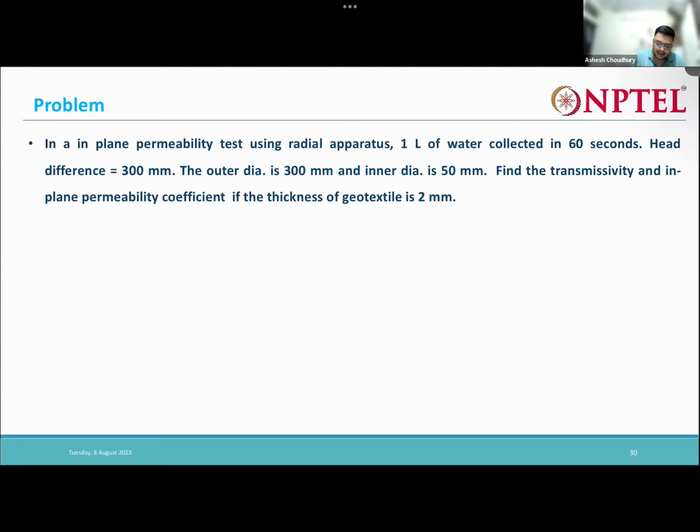So the outer diameter is how much? 300 mm. The inner diameter is 50. Okay. Now 1 liter of water is collected in 60 seconds. So tell me the flow rate. What is the flow rate? 1 liter in 60 seconds. So 1 by 60 liter per second. So if you convert it to meter cube per second, please tell me what will be the answer.